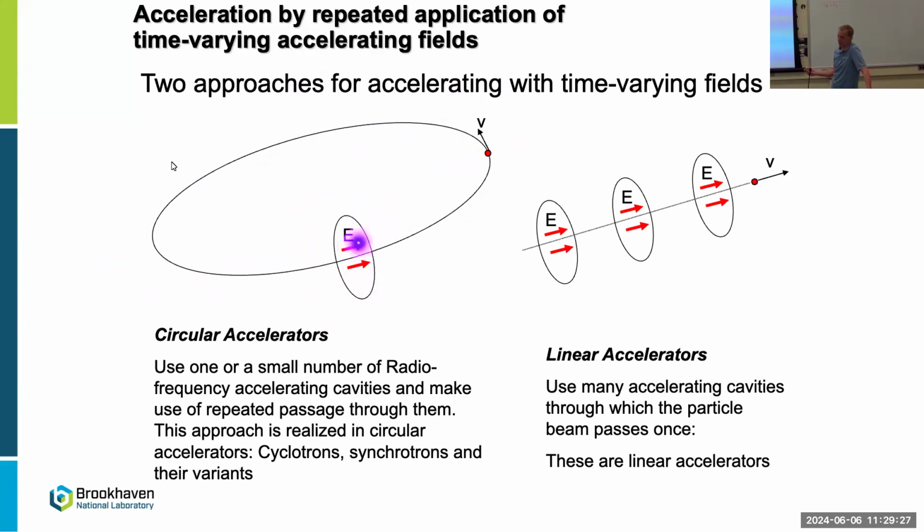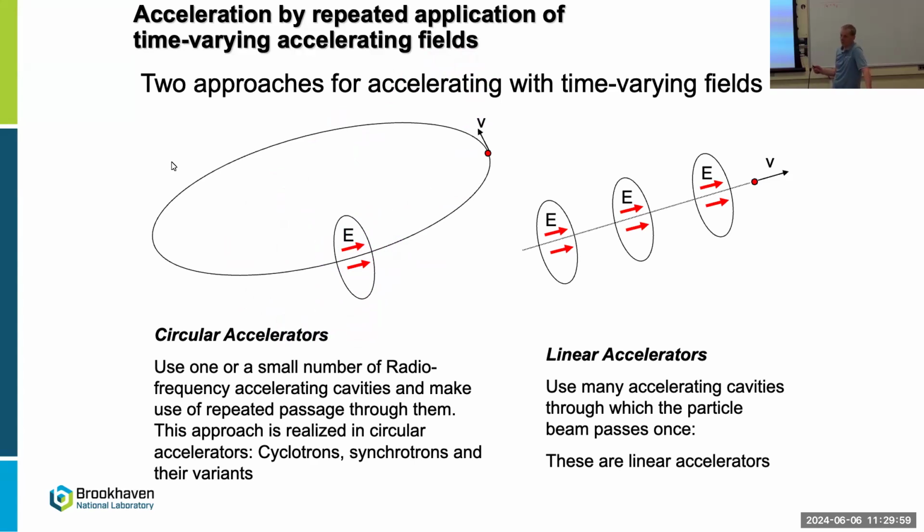If my RF frequency in this cavity is a harmonic of the revolution frequency, which is determined by the path length and the velocity, I can bring this particle to this cavity with just the right phase of the field, so that I see the maximum accelerating field through this cavity.